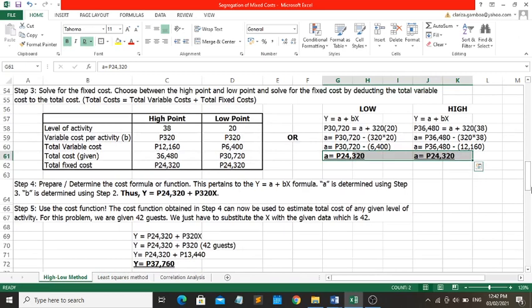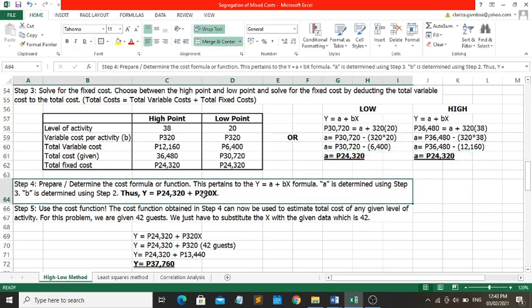I-substitute mo lang yung mga na-compute mong value ng A at B. Okay, so ang sagot, Y equals 24,320 plus 320x. Ibig sabihin, ito na yung gagamitin nating cost function para makompute natin kung magkano ang magiging total cost natin kapag nag-change yung ating number of guests admitted.